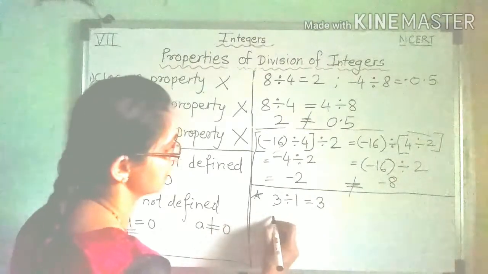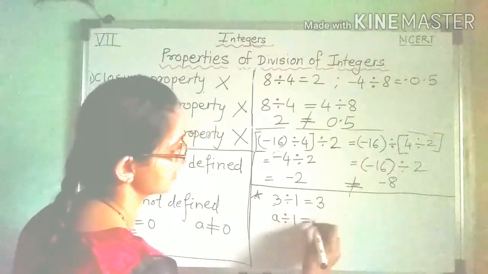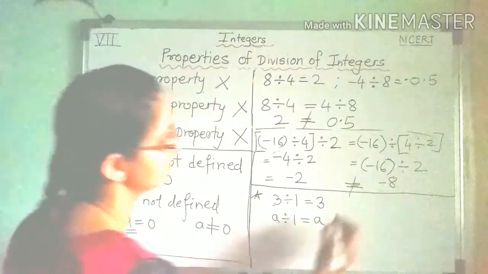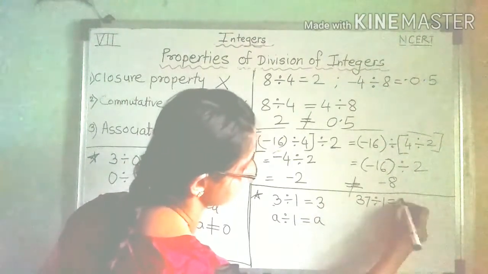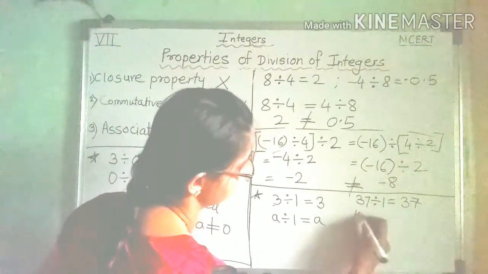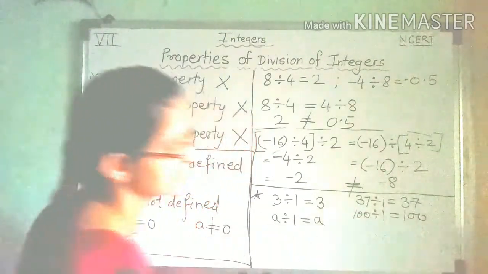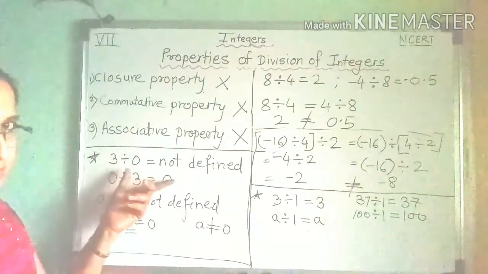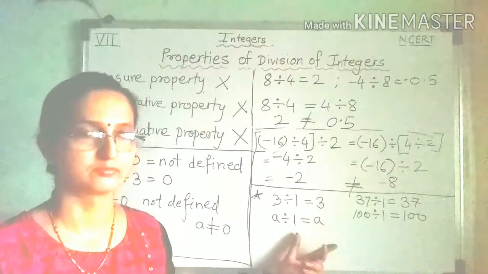In general, we can say that a divided by 1 is equal to a. Example of this: 37 divided by 1 is 37. 100 divided by 1 is 100. Is that clear? So first property is divided by 0. Second property is divided by 1.